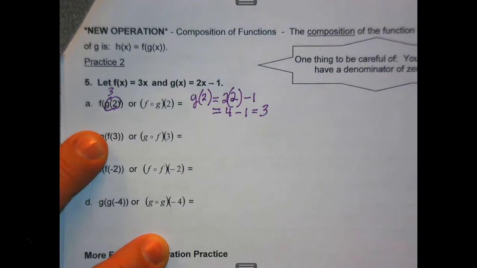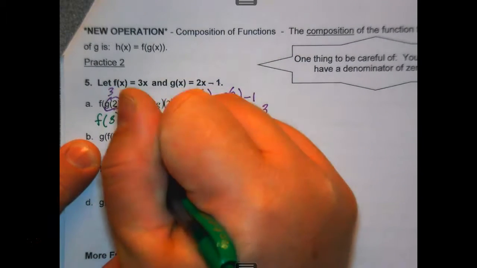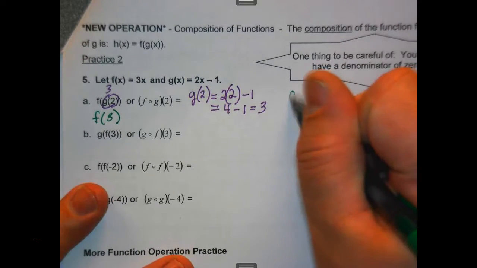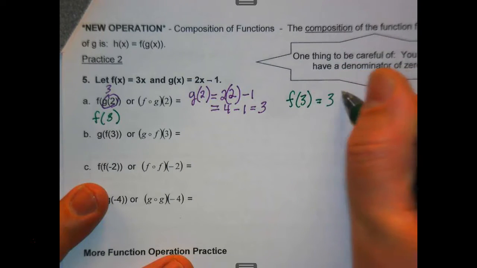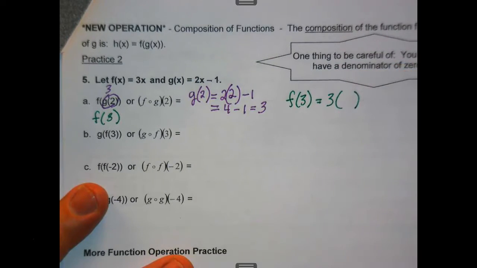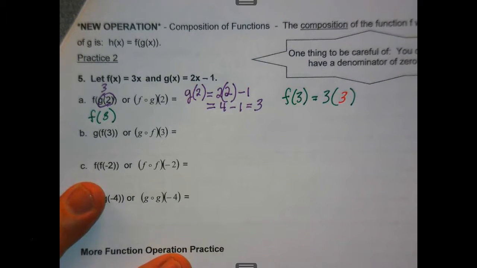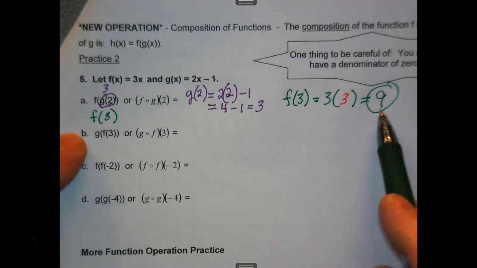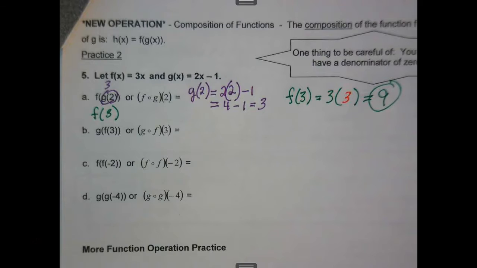So now I have the f of 3, so I have to find the f of 3. The f of 3 is going to equal 3 times my x, which is 3. So the f of 3 is 9. So that is my answer to the f of g of 2, equals 9.